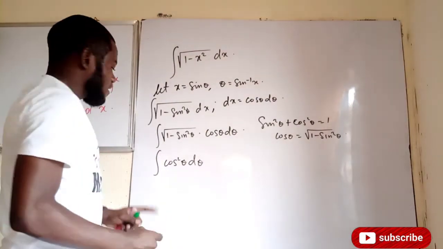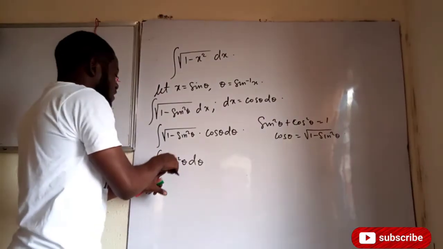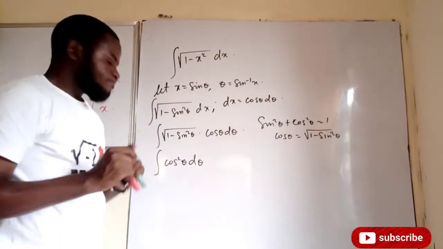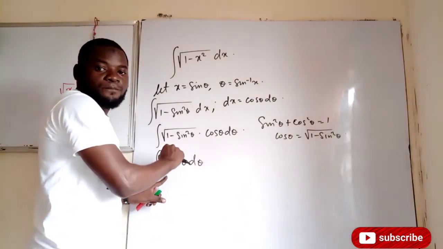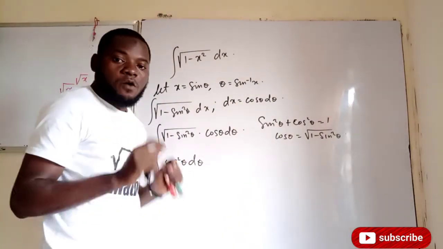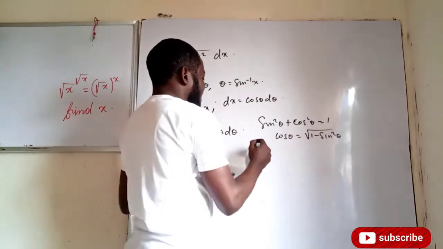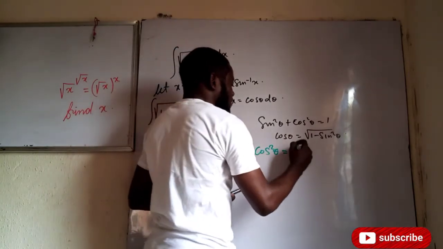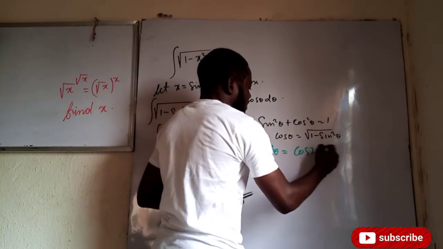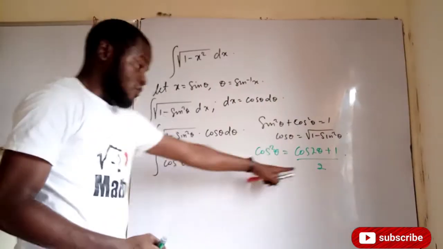Are we together? Now, it will be very difficult for us to integrate cos squared theta directly. Now let us express cos squared theta in another form. Before we go there, I would like you to quickly recall from multiple angle formulae that cos squared theta is the same thing as cos 2 theta plus 1 all over 2. You can try this on your own.